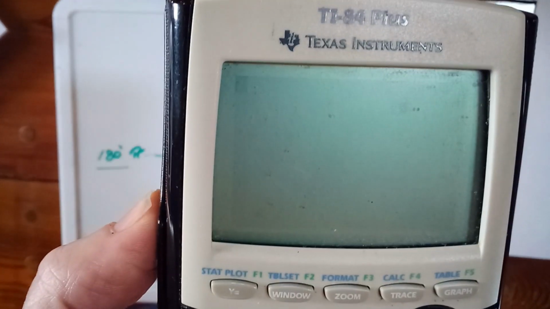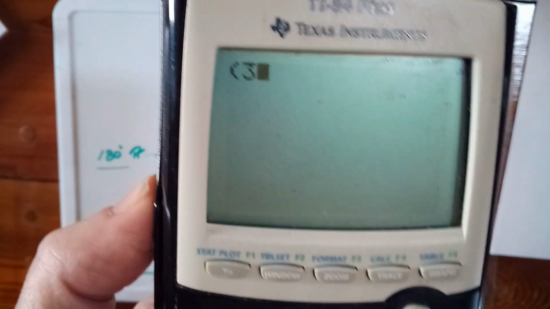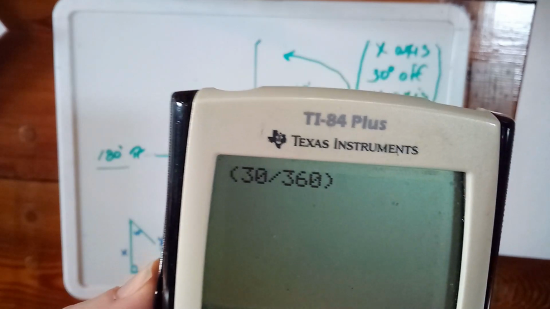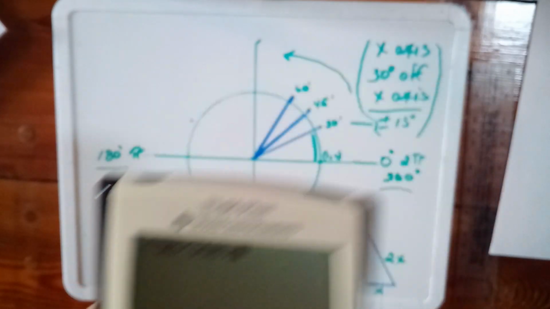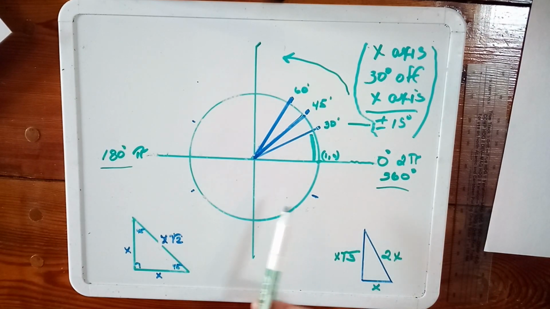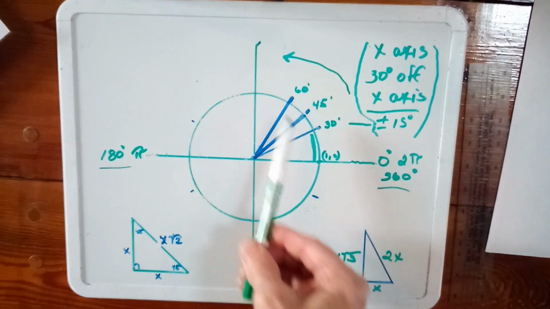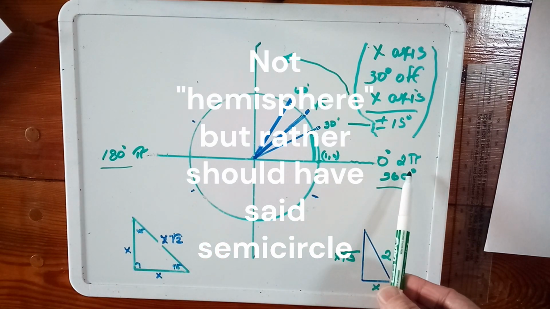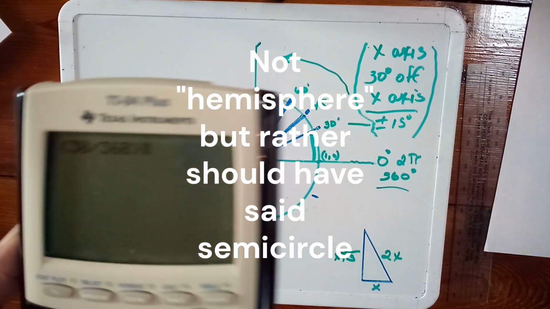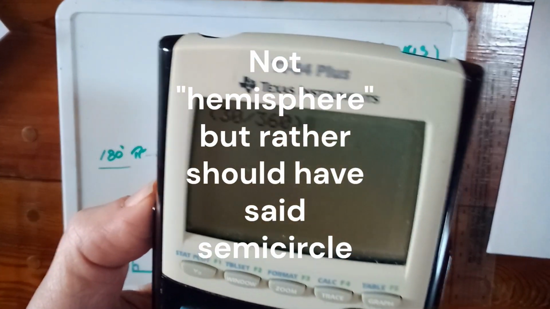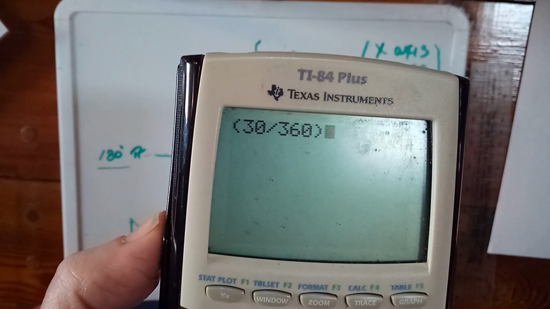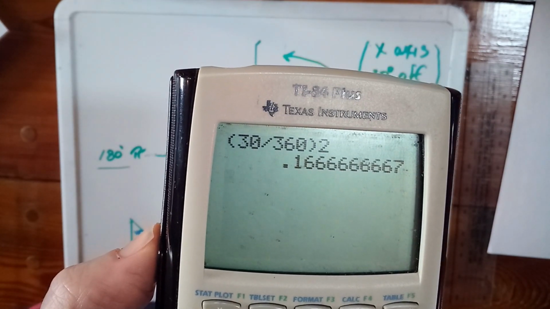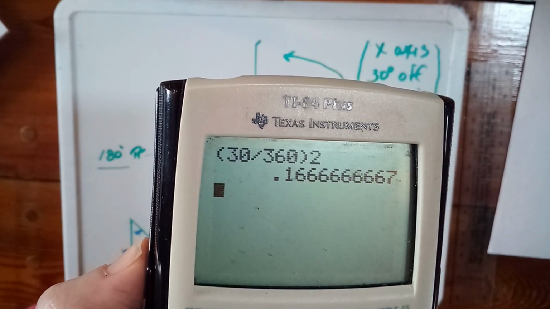So I'm now going to take 30 over 360, that is the proportion of the full circle, which, if I didn't say before, halfway around the circle is 1 pi, all the way around the circle is 2 pi. So what I want to do is take that proportion and multiply it by 2. Hit my enter.